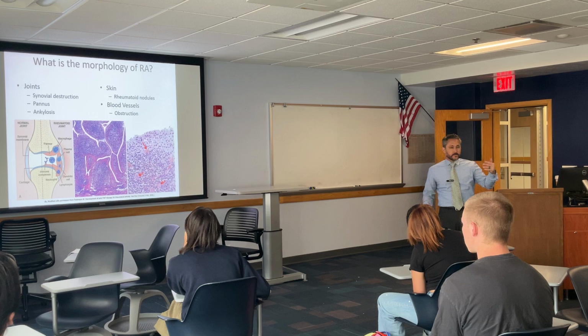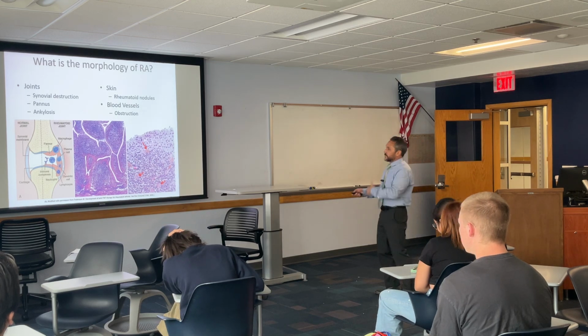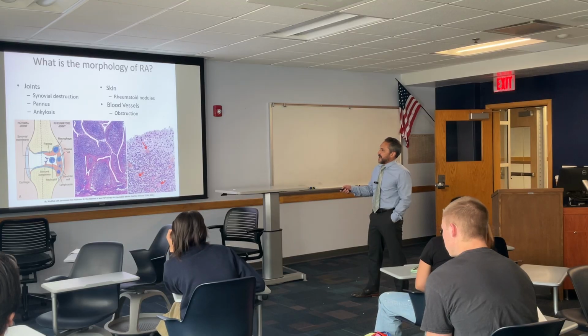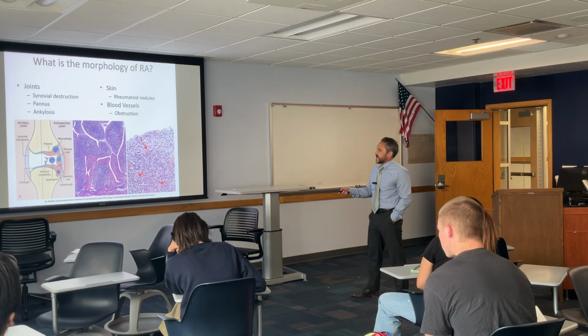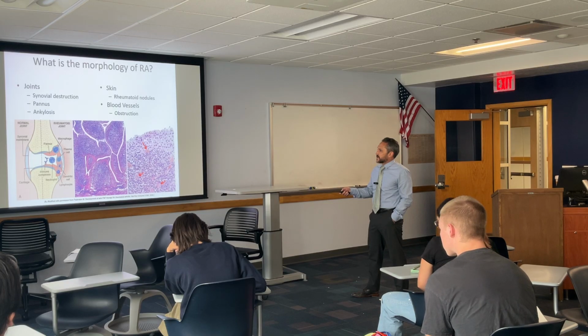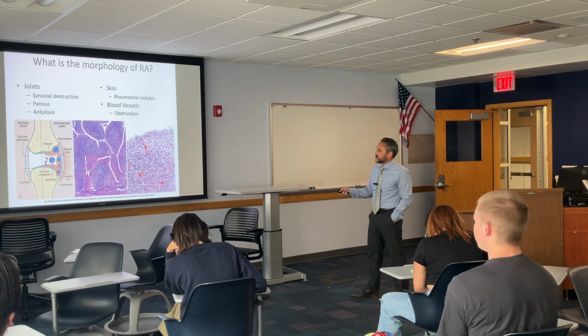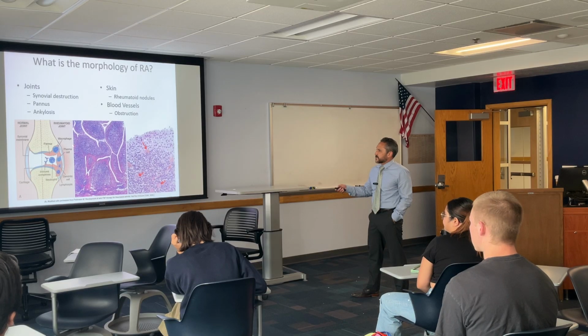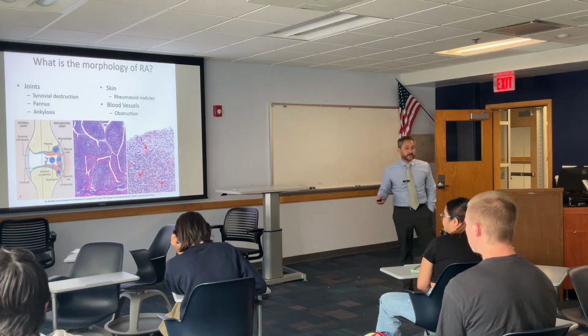Is that clear? Cool. If you look at this diagram, we see the infiltration of macrophages, plasma cells, antigen-presenting cells like dendritic cells. We've got B cells, helper T cells that are here, neutrophils that are also present. So there's a whole lot going on. It's a giant party.